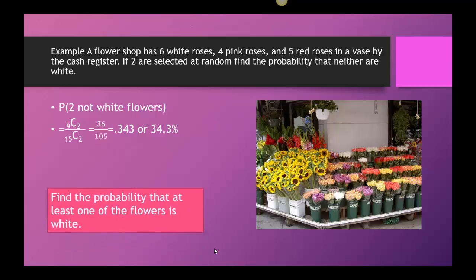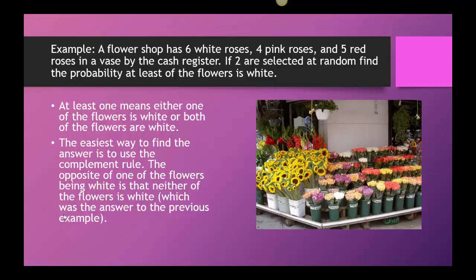Okay. So let's change it and say, well, what's the probability that at least one of the flowers is white? Careful, remember this phrase, at least. At least always says use the complement rule, right? So at least one means either one of the flowers is white or both of the flowers are white. So the easiest way to answer this is that complement rule. The complement rule would be the opposite.